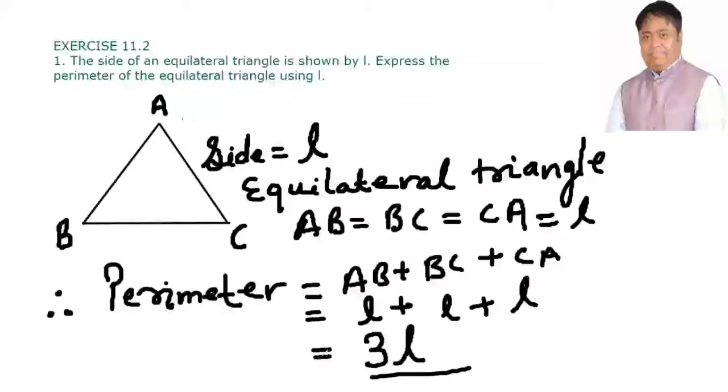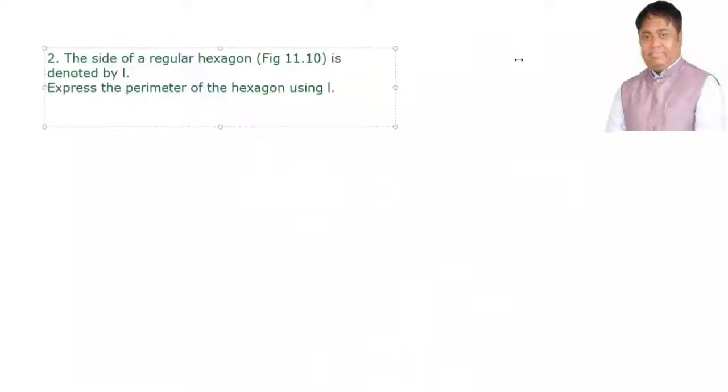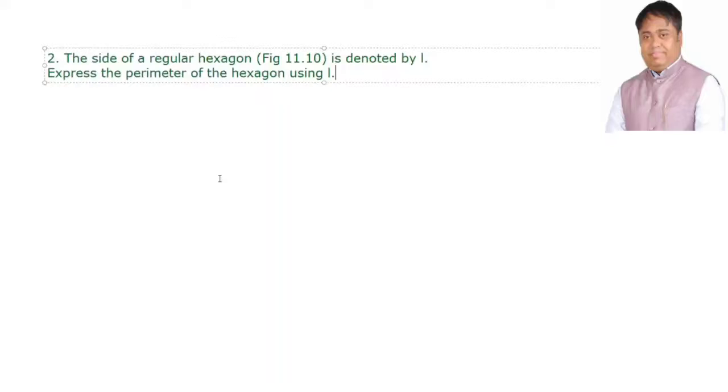Now we'll do question number 2. Side of a regular hexagon is noted by L. Express the perimeter of hexagon L. Okay.